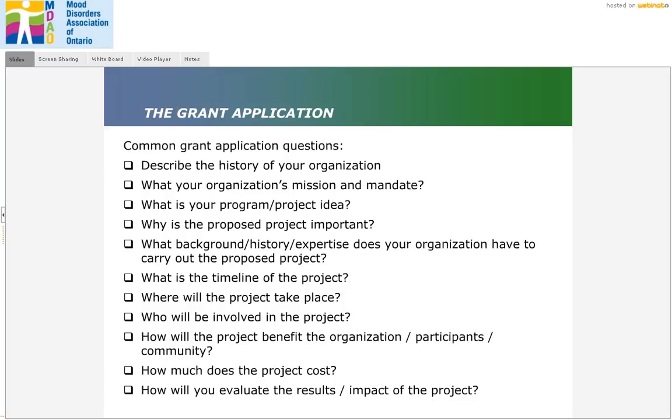So this will entail determining evaluation methods for your organization to track the progress of your project.